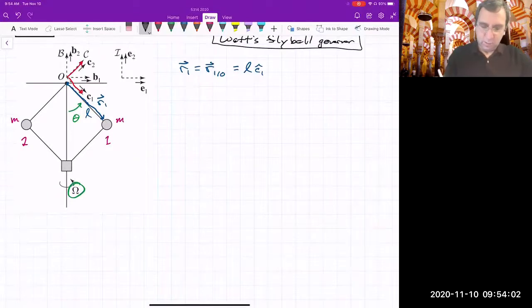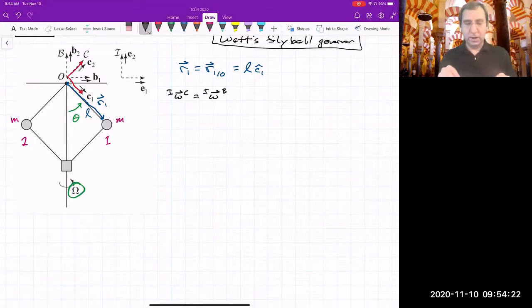Now we need to write what the overall angular velocity is: the angular velocity of the C frame with respect to the I frame. Well, it's equal to the angular velocity of a B frame with respect to the I frame.